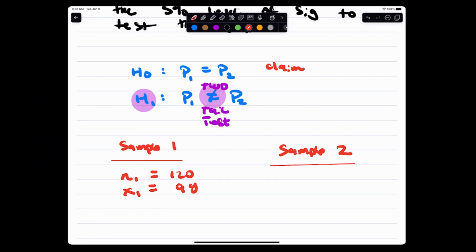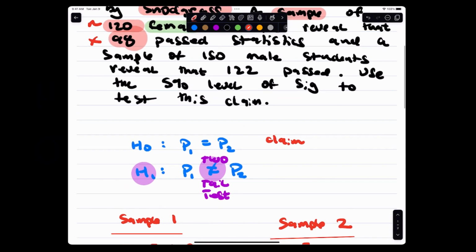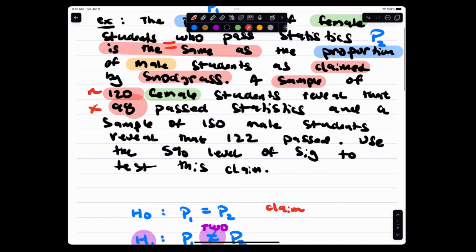Sample 2. You're going to have N2 and you're going to have what? X2. So when you read this, this is for the next group. What does it say? It says a sample of what? 150 male college students revealed that what? 122 passed.